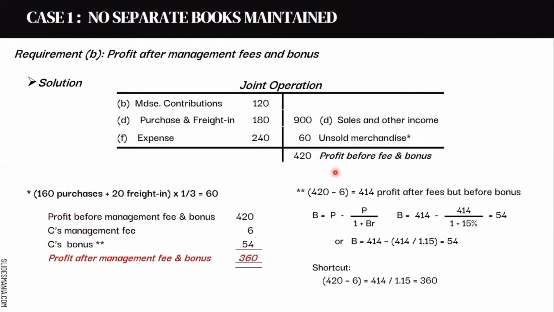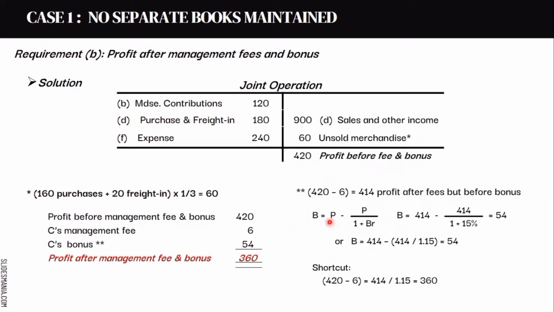So, profit before fee and bonus, less natin ang management fee ni C na 6 pesos is equals to 414 na profit after fees but before bonus. So, kailangan pa nating i-less yung bonus dyan which is 54 pesos. Pero paano nakuha yung bonus?